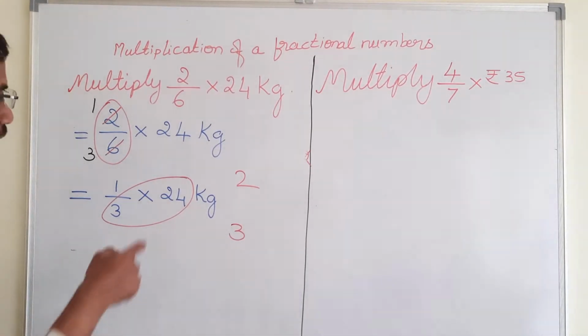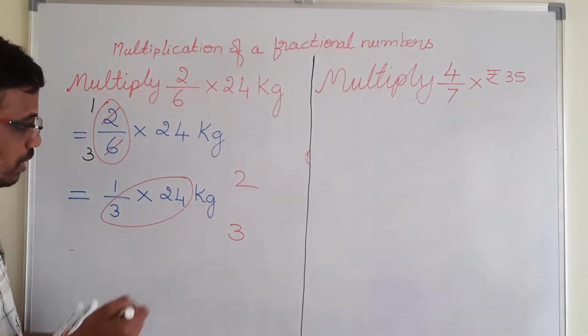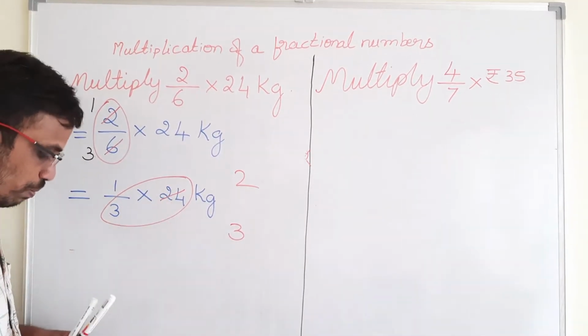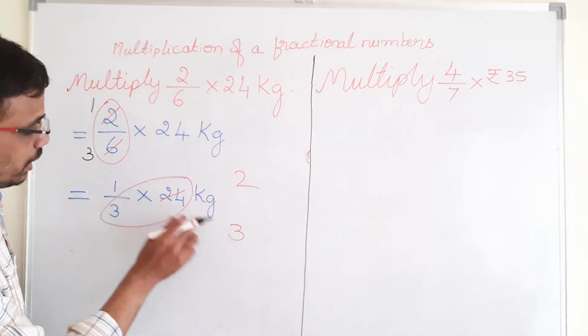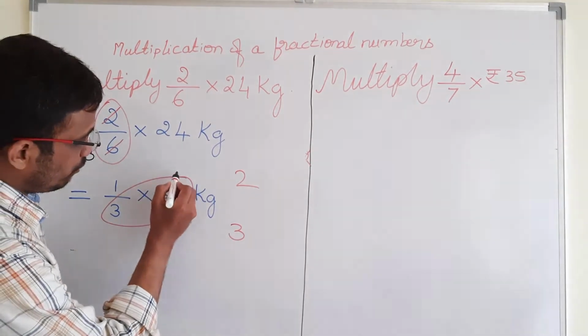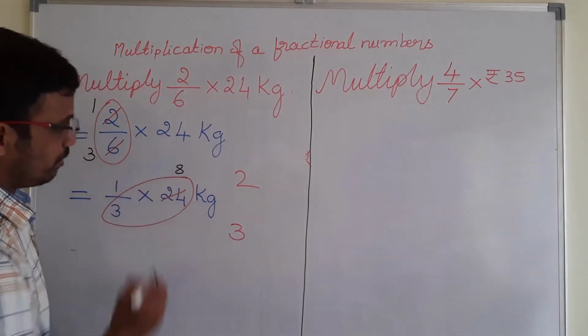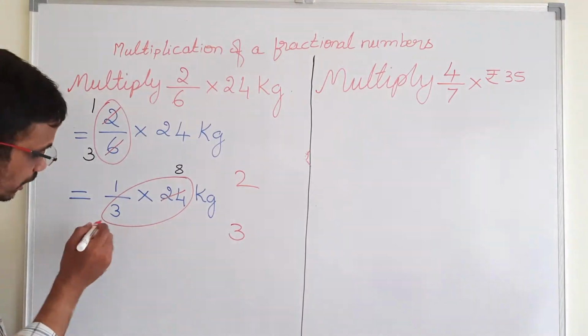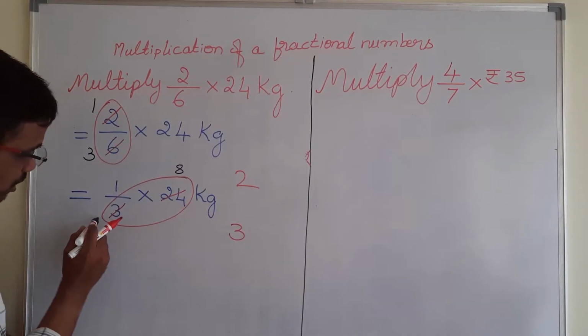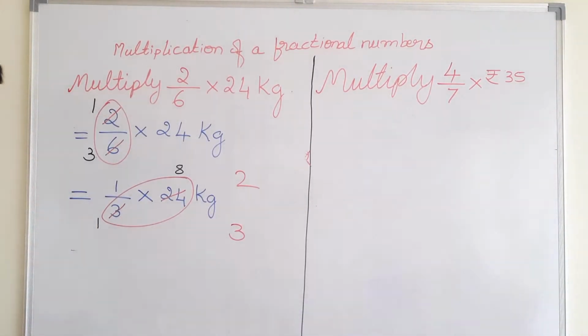Now I will divide this 24 by 3. Once I divide this 24 by 3, I will get the quotient as 3 8s are 24, so 8 is the quotient. Similarly, once I divide this denominator by this 3, I will get 1 as the quotient.